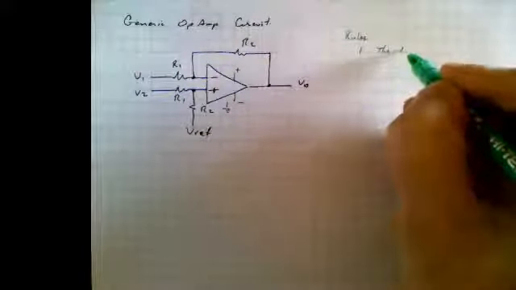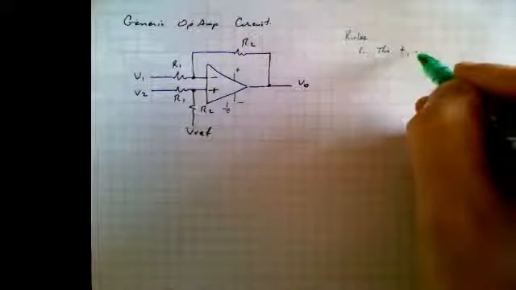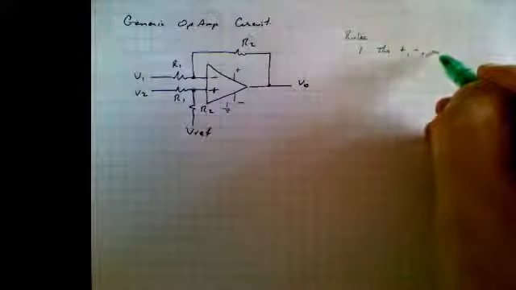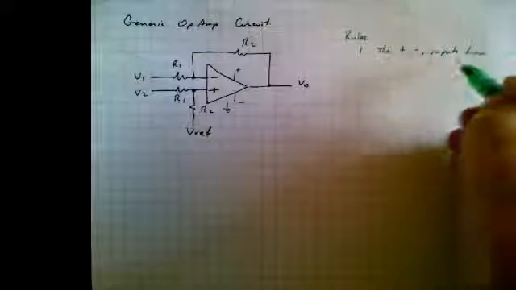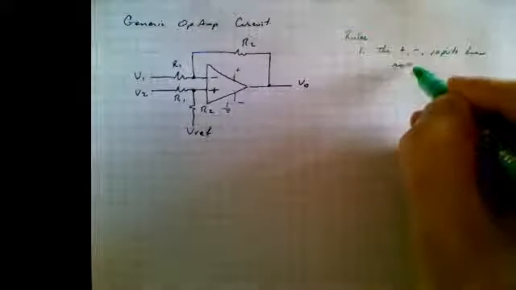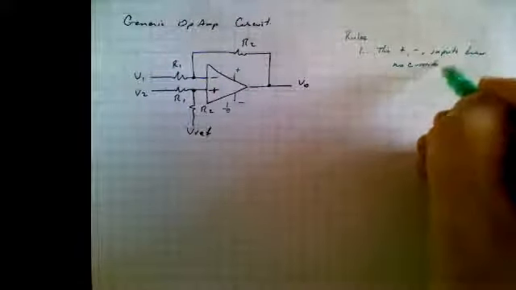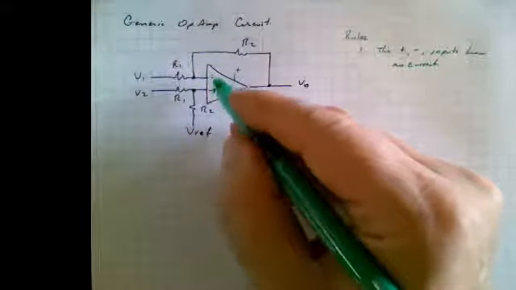So the non-inverting and the inverting inputs draw no current. Now they do that because they have very, very high input impedance.